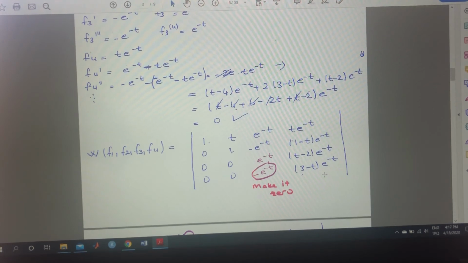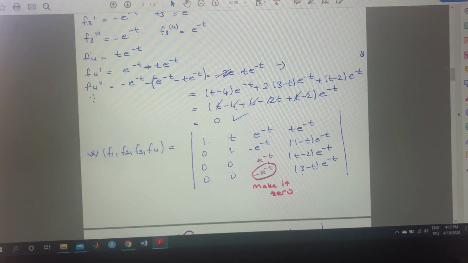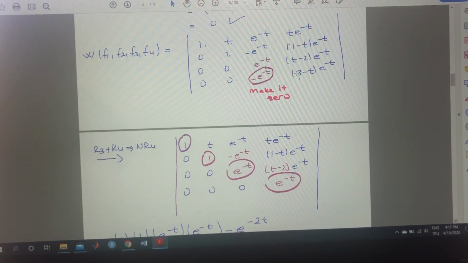To make this matrix upper triangular, we need to make this function 0. To do that, I can multiply the third row by, no, I don't have to, and add them. If you add the third and fourth rows, this will be the new fourth row, and this is exactly what you will get. This will not change. This will be 0.